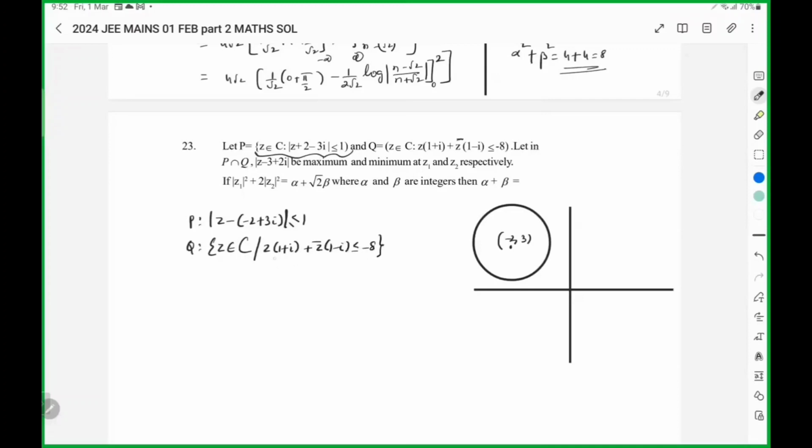It represents a line, standard format, A z bar plus A bar z is C. So let us convert into Cartesian form: x minus iy into 1 minus i, plus x into 1 plus i plus iy into 1 plus i.